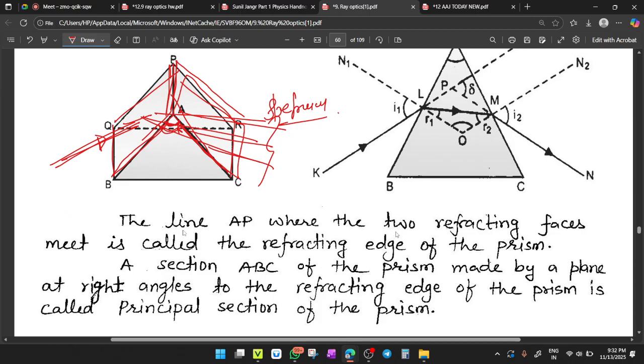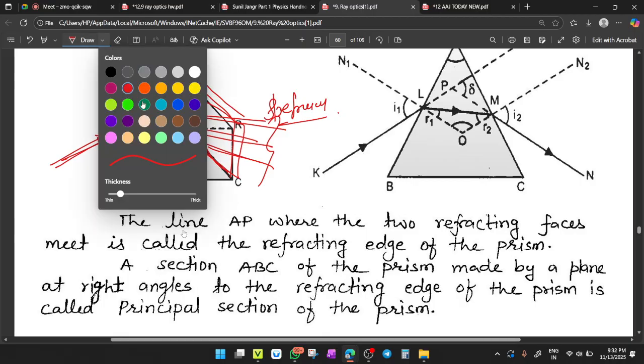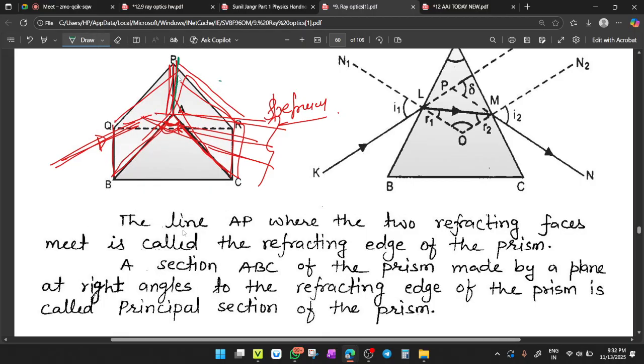The line AP, where the two refracting faces meet, is called the refracting edge of the prism. Check here the line AP in green color. So this is the first face, the upper front triangular part, and this is the back triangular part, and this edge is called the refracting edge of the prism.